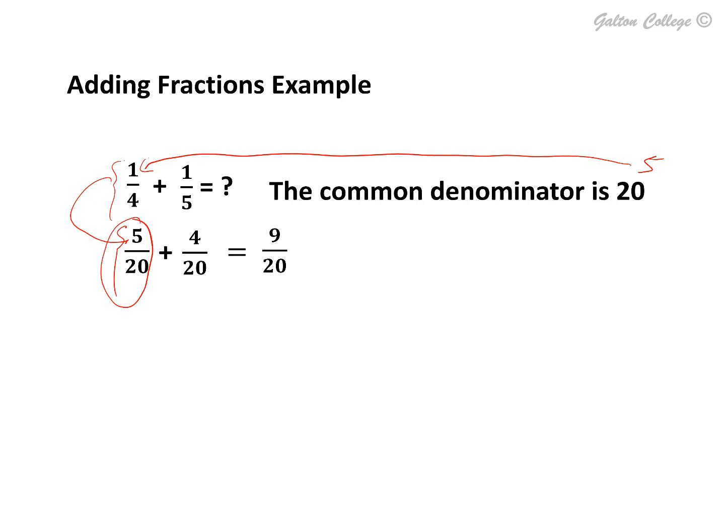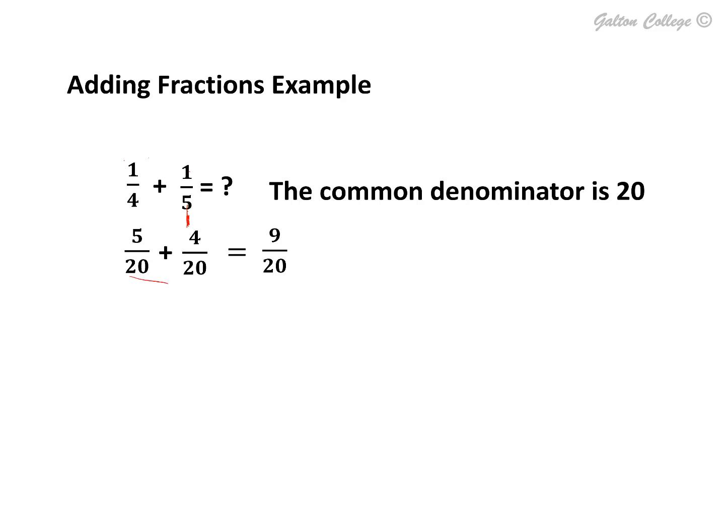Right, let's tidy up. Now, this one here, the 5: divide 5 into 20, get 4. 4 multiplied by 1 is 4. So the common denominator is 20. We make everything 20 in the denominators along here.